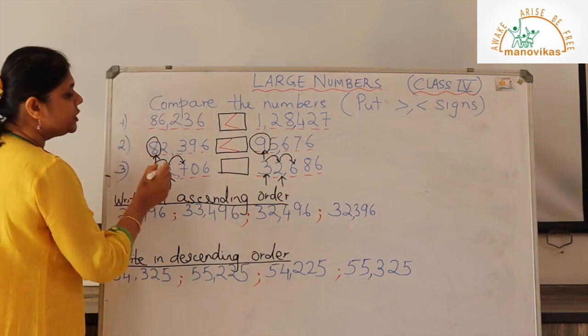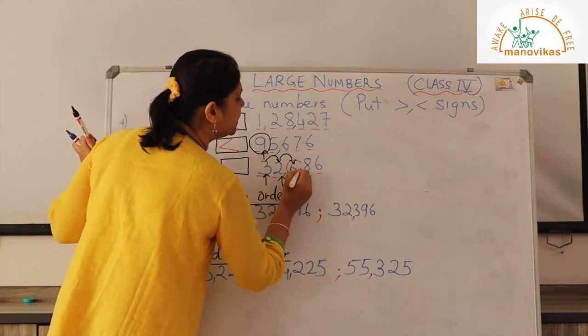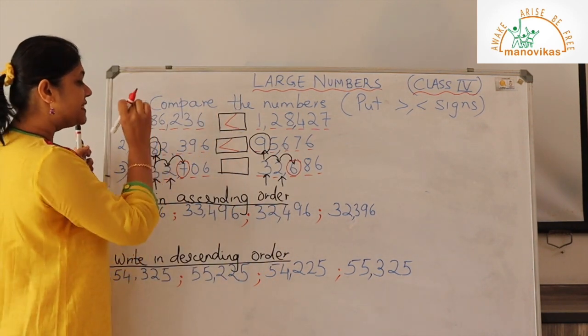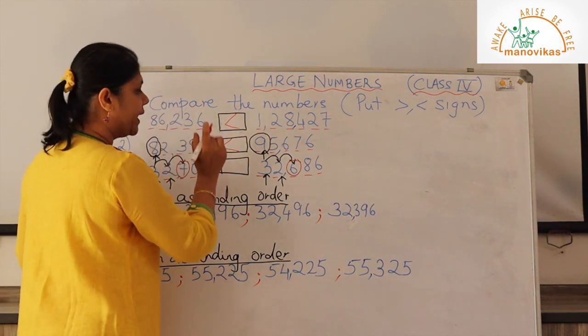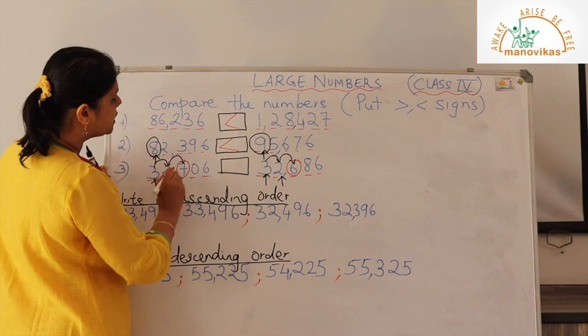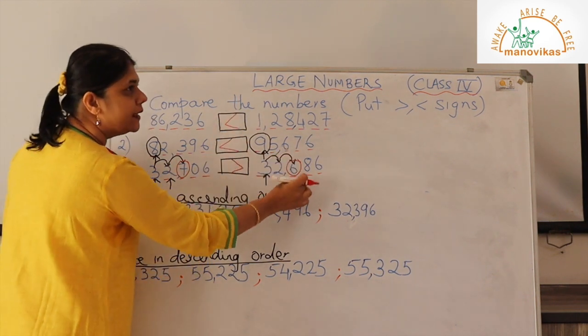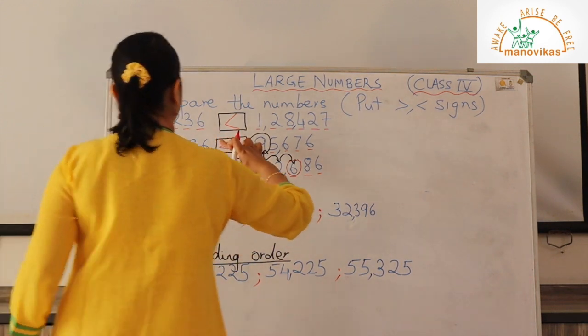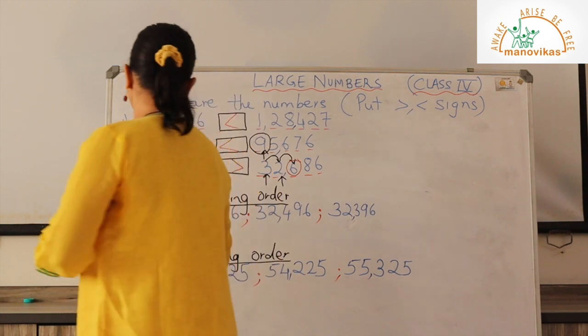Now the third digit here is 7 and here it is 6. So since 7 is greater than 6, now we can say that 32,706 is greater than the other number. I have put an open mouth sign towards the greater number.